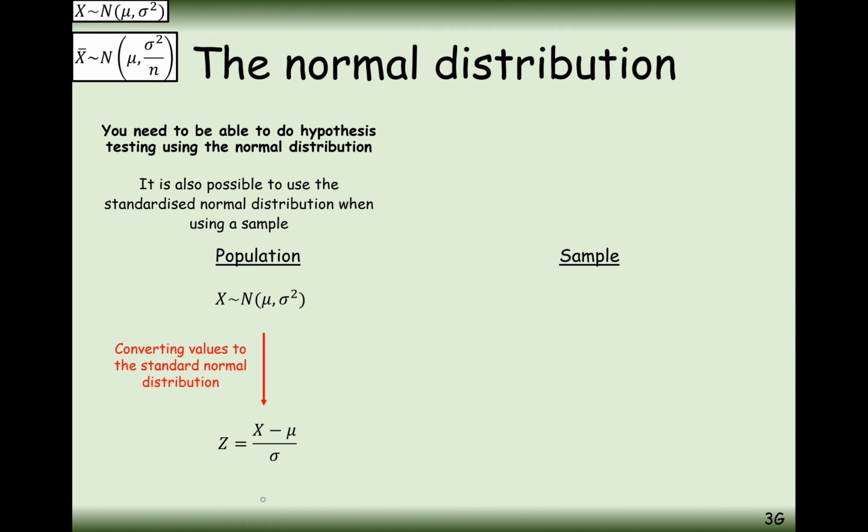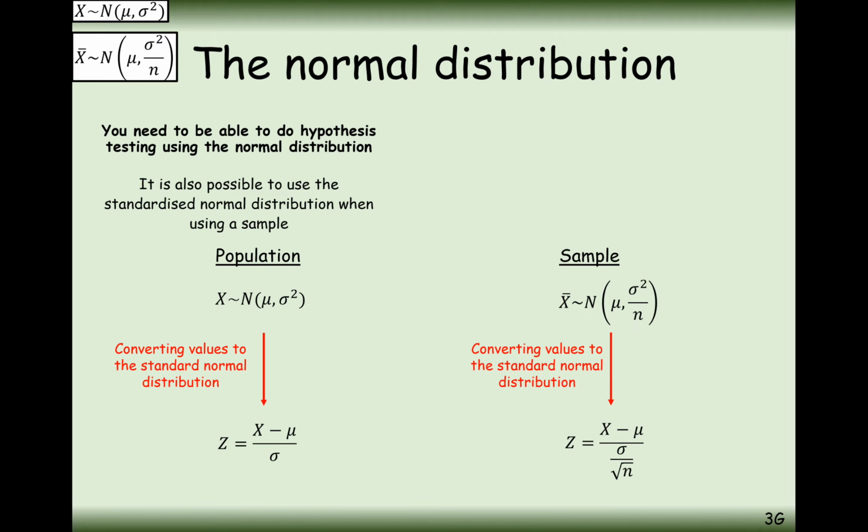That's for the population, we've already seen that, but when you're working with a sample, remember, your variance has now changed, so that when you work out your Z value, it's just going to be the square root of your variance. So it's going to be sigma over the square root of n.